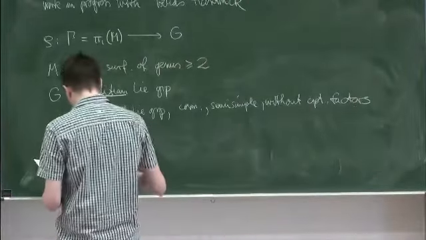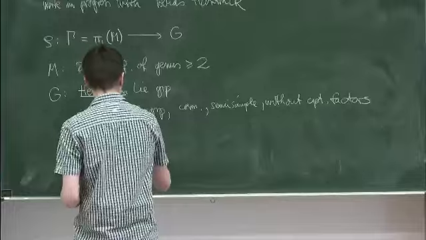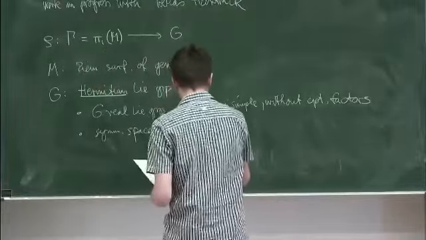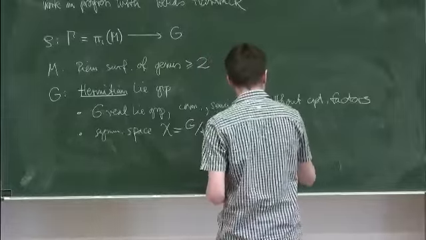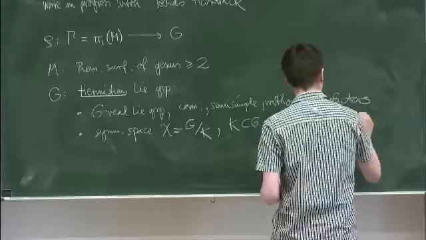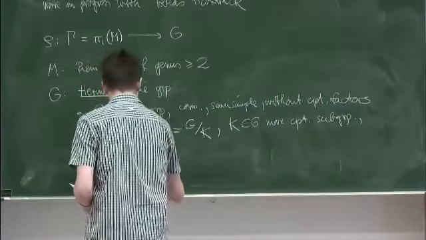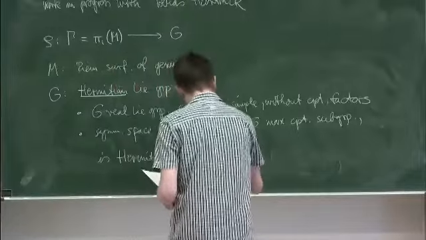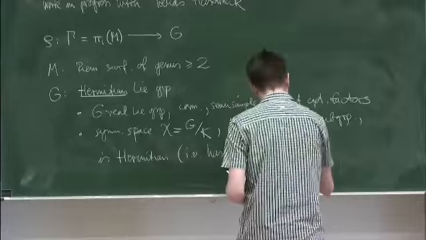And most importantly, the associated symmetric space, which is the quotient of G by some maximal compact subgroup K, is Hermitian as a complex manifold, which means it has a G-invariant complex structure.